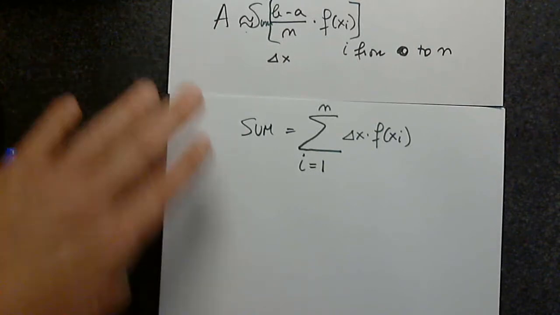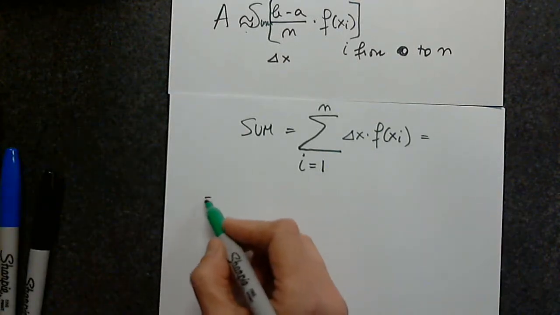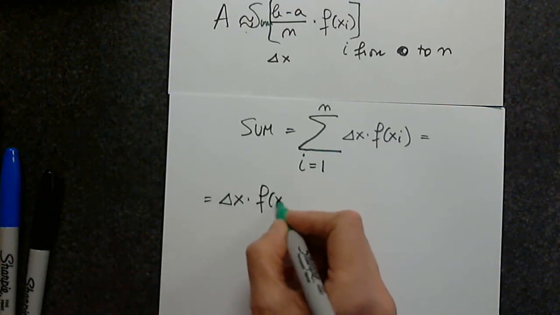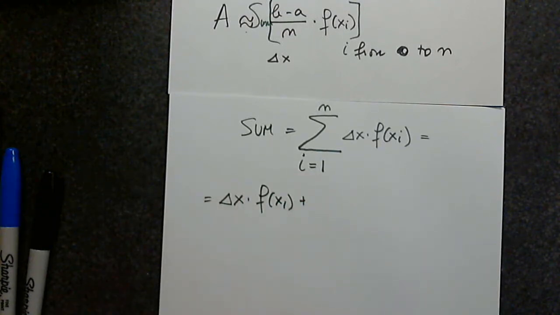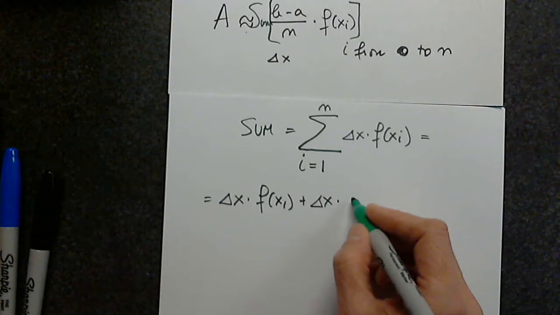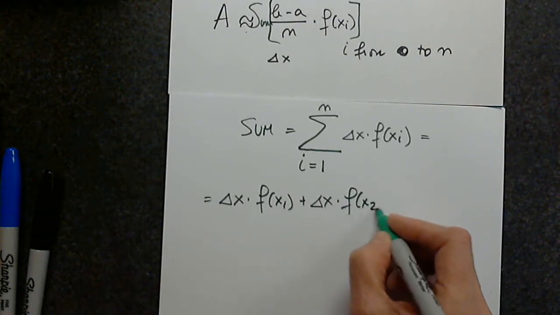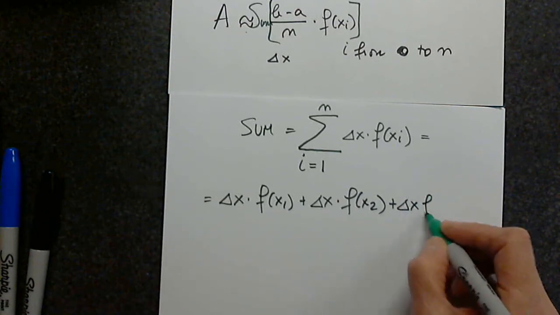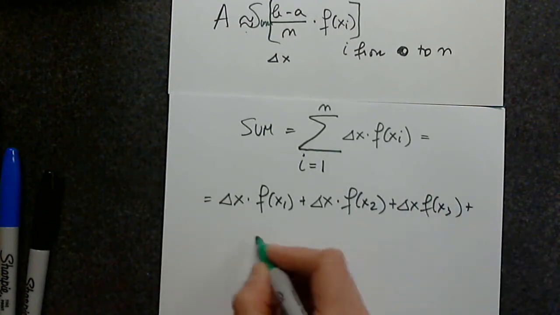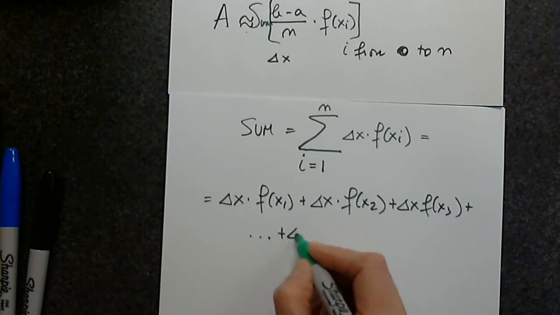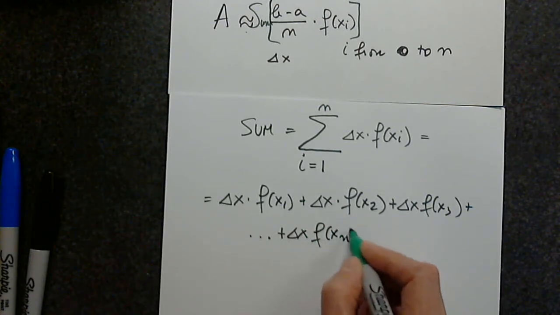Let's try to understand what this means. When i is 1, I have delta x times f of x1 plus, because the sum says plus. Plus what? Delta x multiplied by f of x2 plus f of x3 plus three dots plus delta x times f of xn.